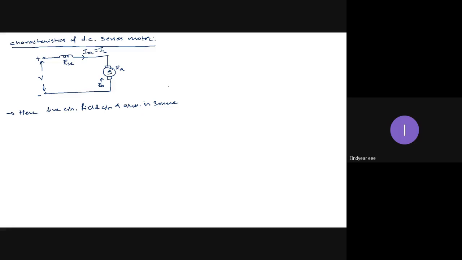So here we know that the armature current drawn from the supply depends upon the load. As load demand increases, armature current increases. As load increases, armature current IA increases.